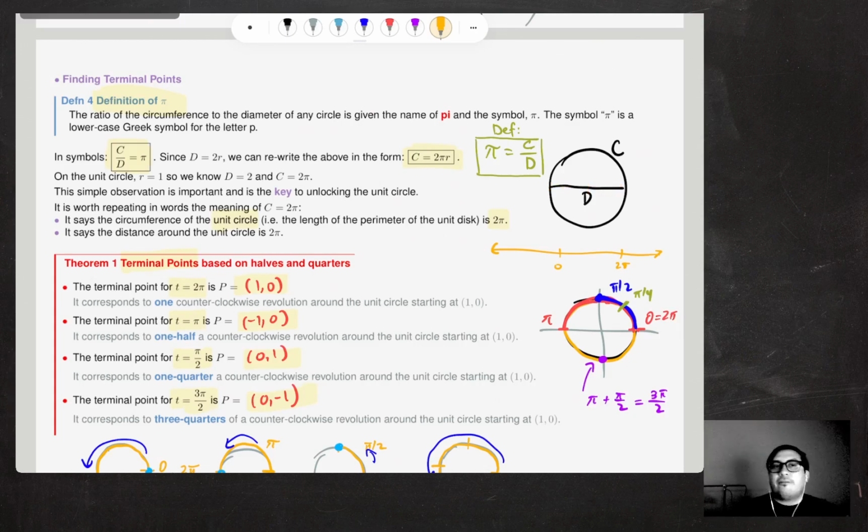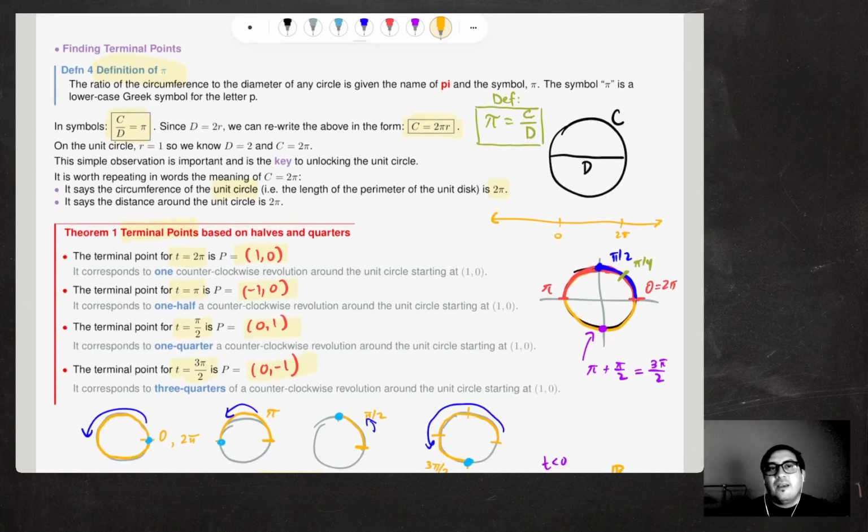You might remember that formula from your previous courses, but really, this is fundamentally important in all of mathematics. Pi is one of those really important concepts, and we're already seeing some of the best things in math in just this lesson. All right, so this gives us the connection to radians.